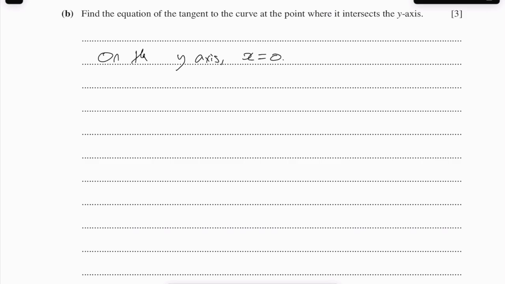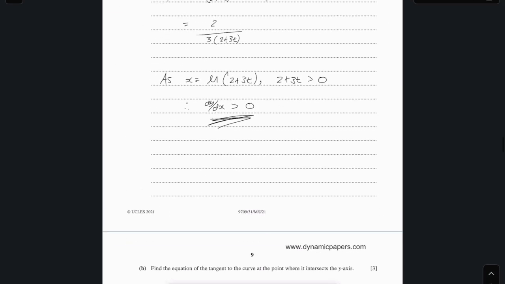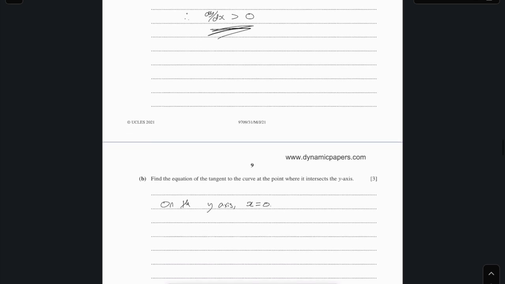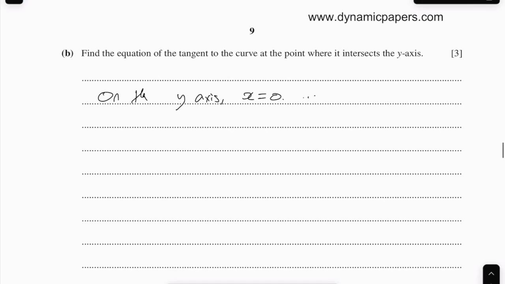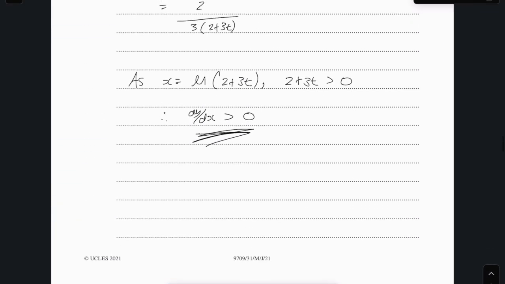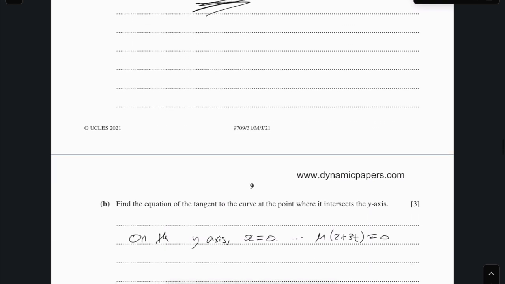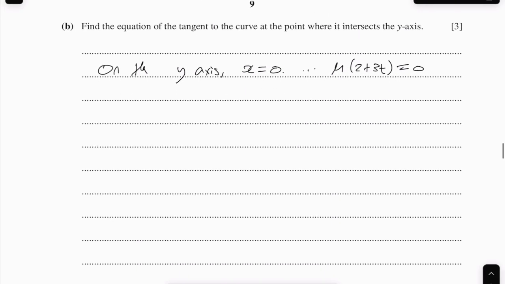Okay. On the y-axis, x equals 0. Okay, we know that. So then, what's that going to imply for us? Well, that means that ln(2 + 3t) is going to equal 0 as well. Okay. Right. So therefore, what does that tell us?